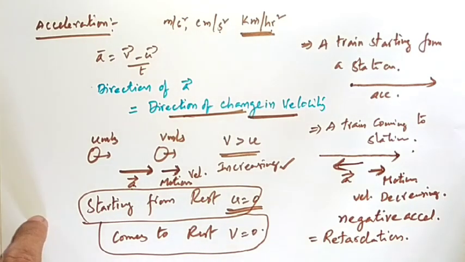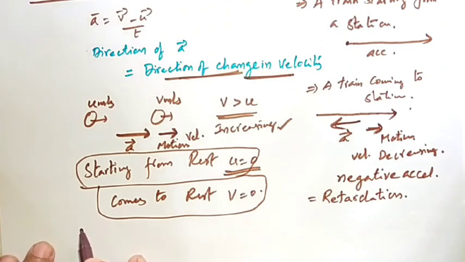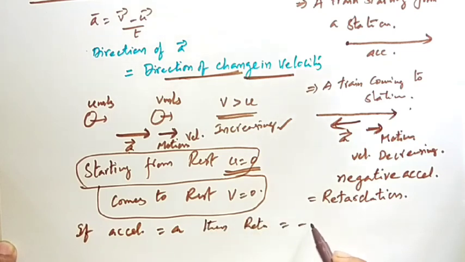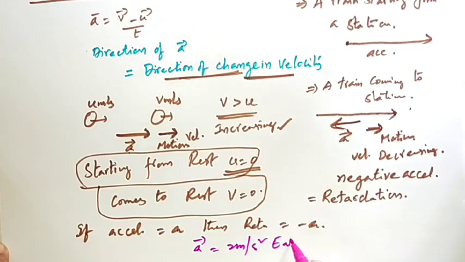If acceleration is a, don't confuse. If acceleration is equal to a, then what is retardation? It is equal to minus a. For example, acceleration of the vehicle is 2 meters per second square east. What is its retardation? Retardation is nothing but minus a, that is minus of 2 meter per second square east.